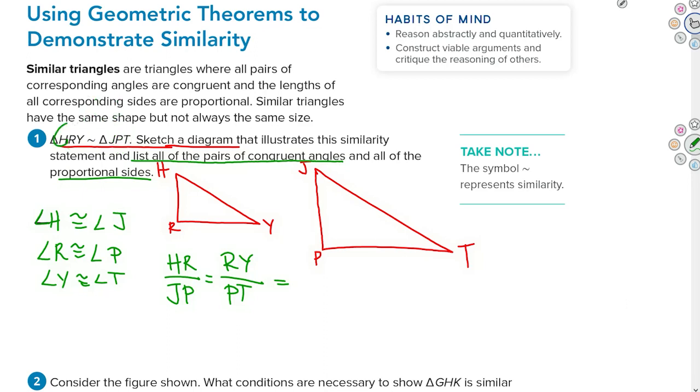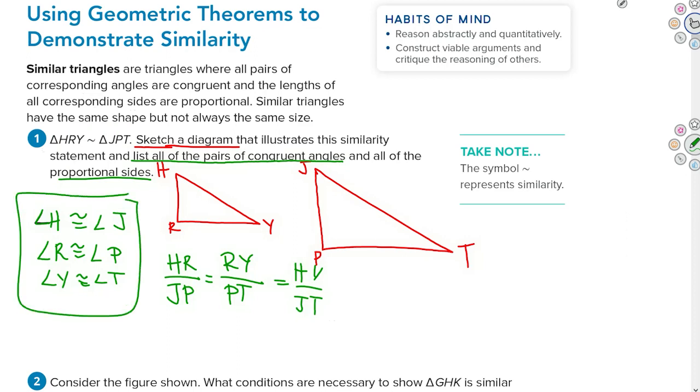So the first and last, so HY over JT. Okay, so if I ask for pairs of congruent angles and proportional sides, then you have that.